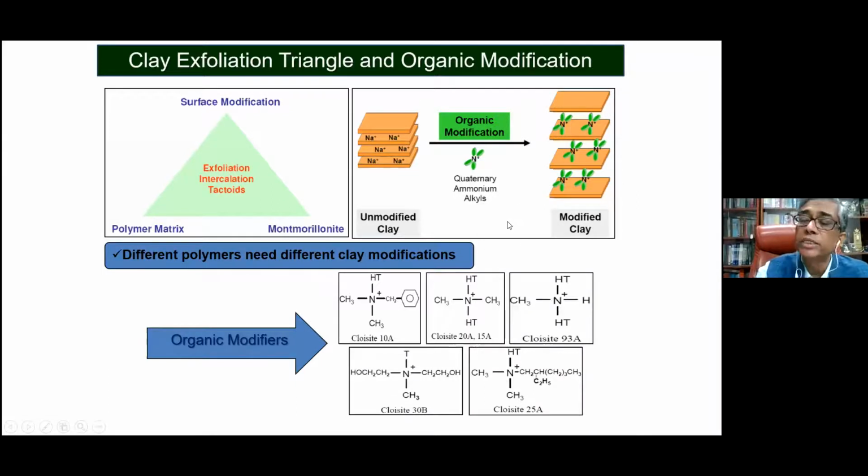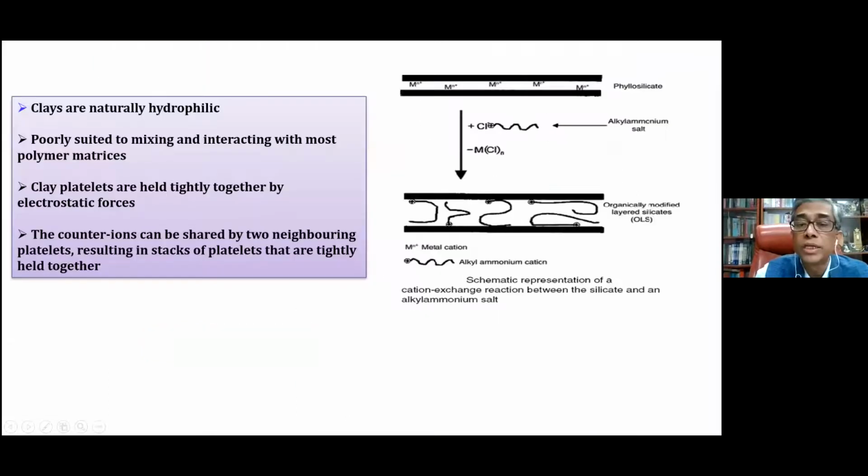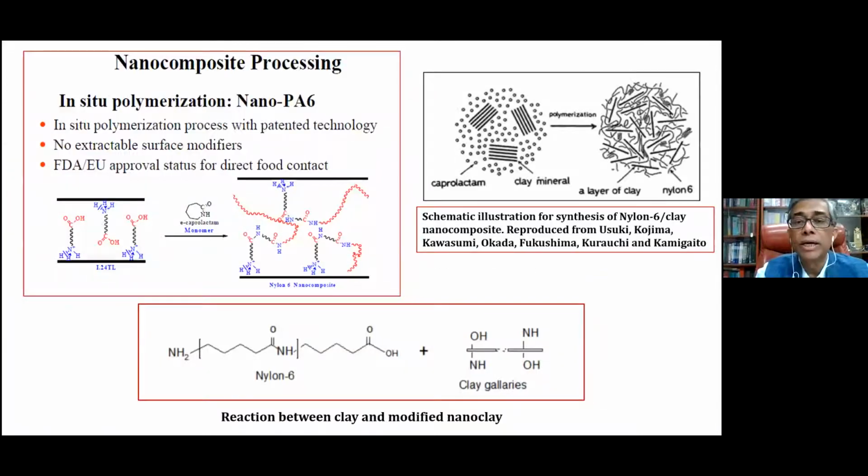We can find a recipe for some of the nanofillers. The challenge is that we make an attracting moiety inside the layers, which allows the polymer to come in, and the distance between the two layers will increase.